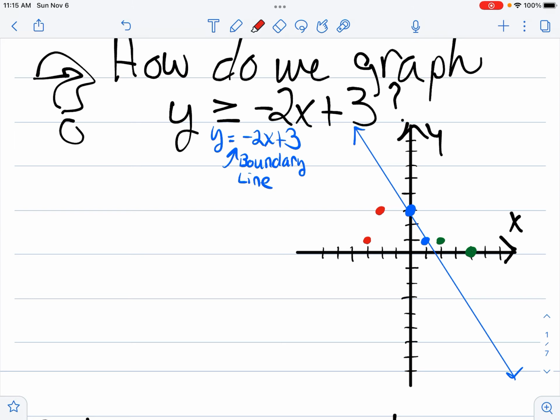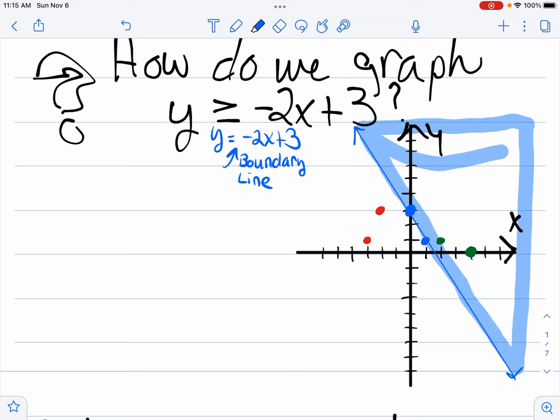So in order to represent that on the coordinate plane, we would shade that half plane like so, all the way up to the boundary line, and everything in between here to represent the solution to this inequality. Because remember, inequalities have infinitely many solutions. So we need to represent that graphically. And there's my solution.